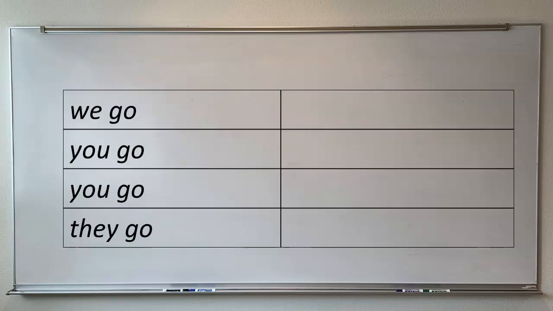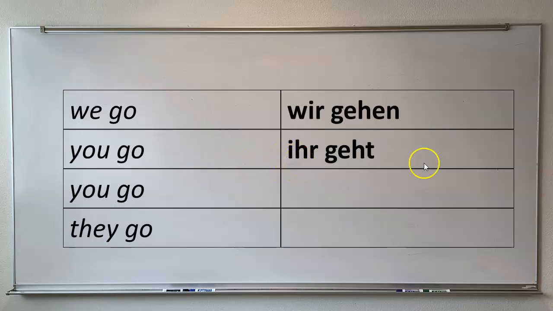Now for the plural subject pronouns, we go, wir gehen, we go. You go, now this is the informal you, plural, you're addressing more than one person. Ihr geht, you go. You go, this is the formal you, addressing more than one person. Sie gehen. And finally, they go.